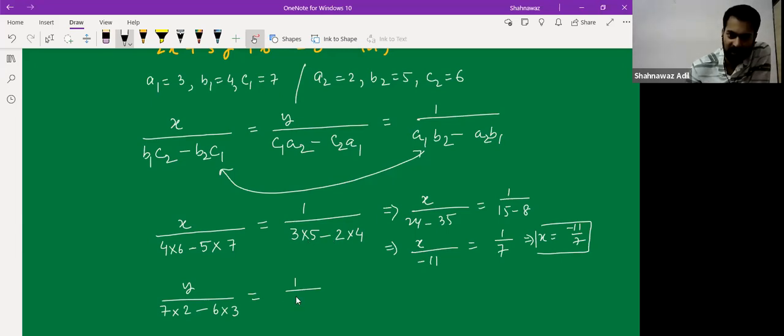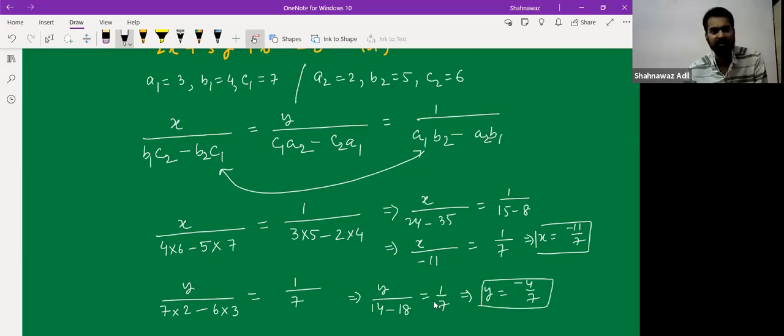So this is 7. And this becomes y by 14 minus 18 is equal to 1 by 7. So y is minus 4 by 7, right? So this is the solution for x and y. Understood? So this was about the cross multiplication method, right?